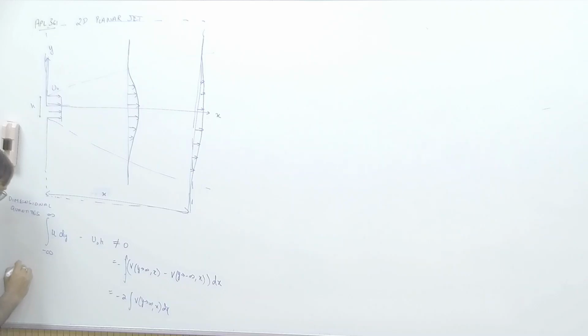Basically, I'm just integrating del u by del x plus del v by del y equals 0 over the control volume. Okay. I hope there are no doubts in this procedure. Integrating this over CV, and this is your CV.